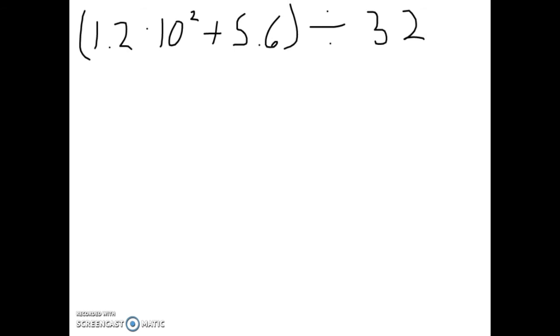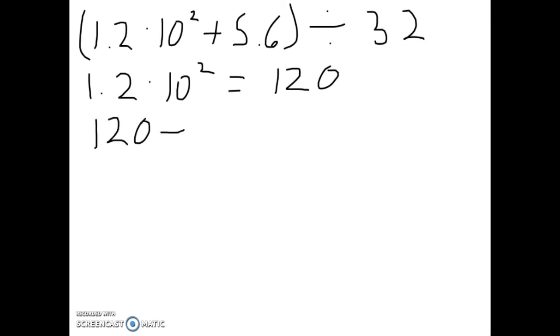Now this looks tricky because 1.2 times 10 squared is in scientific notation, but we can make this easier by just writing 1.2 times 10 squared is equal to 120, and use that in our operation instead. So 120 plus 5.6 equals 125.6.